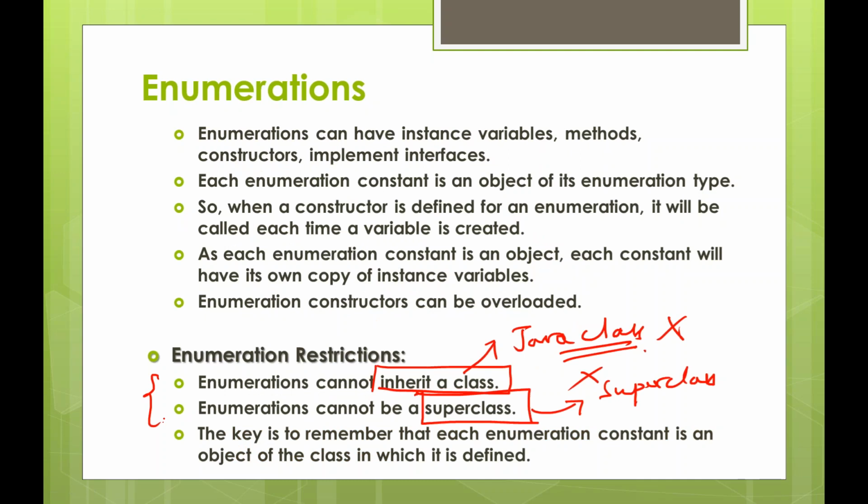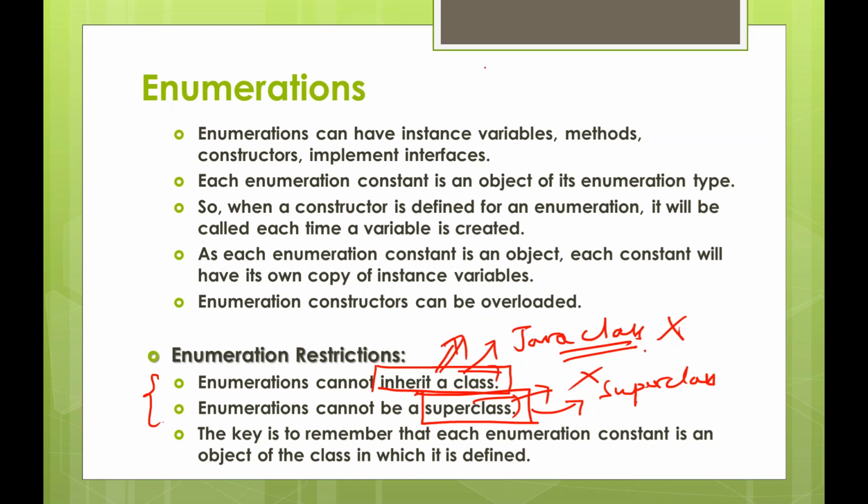These are very important things. If you try to do these things, Eclipse will clearly tell you it's not allowed. That's a compile time error. You cannot inherit a class, and the enumeration you have defined cannot be a superclass of any class.